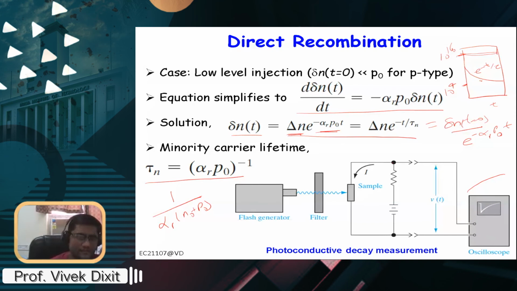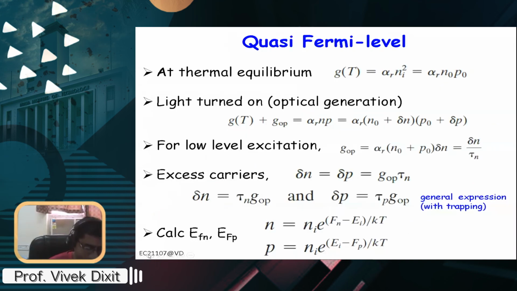Now let us also learn about the concept of quasi Fermi level, because we have defined the Fermi level in equilibrium, where np is equal to ni square. Now, when there is carrier generation or recombination, these extra carriers will increase the electron hole concentration.